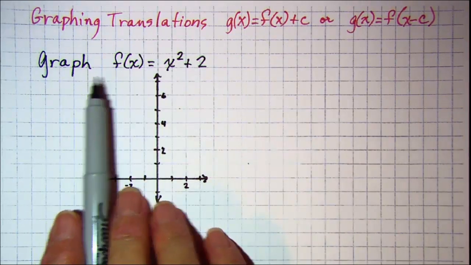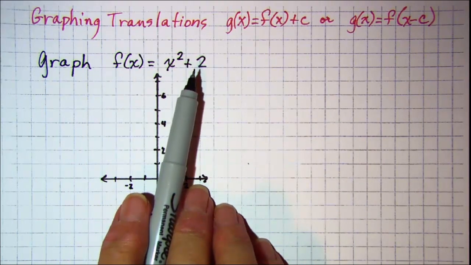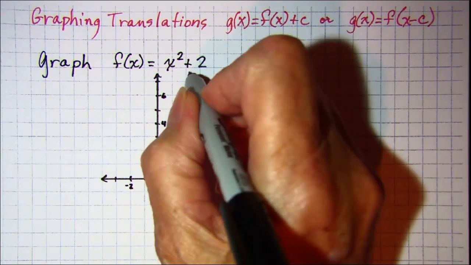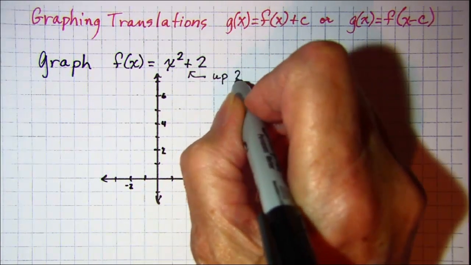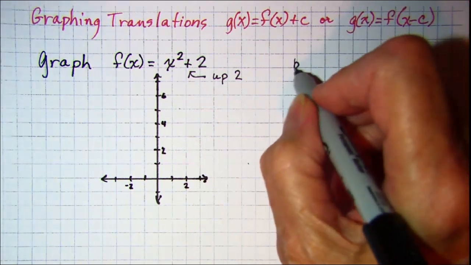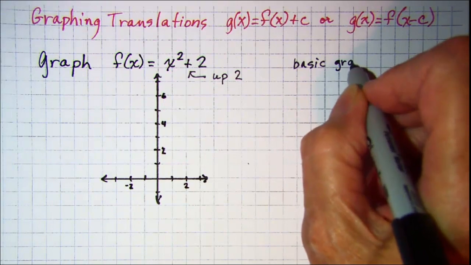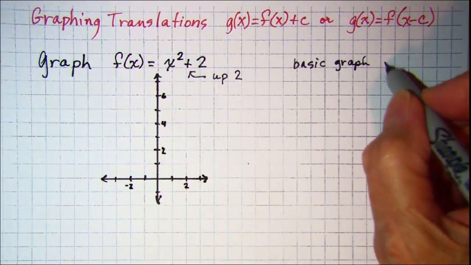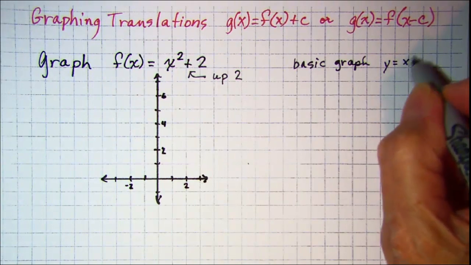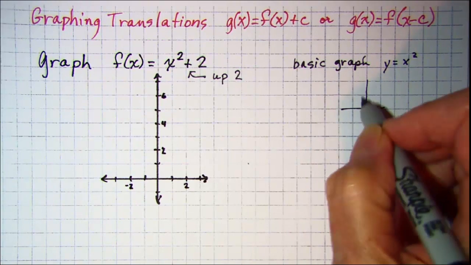Our first problem is to graph f of x equals x squared plus 2. Now this plus 2 means that we need to go up 2. So our basic graph is y equal x squared. And we know that that is our parabola.